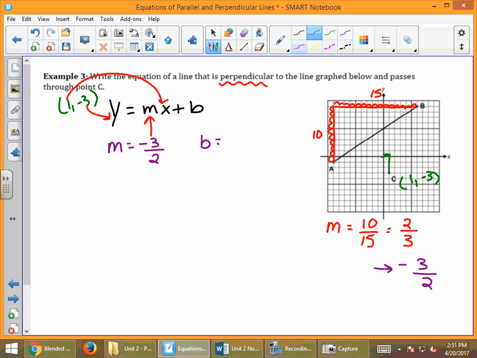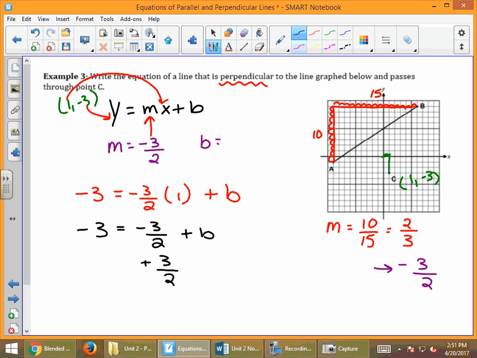So we will get negative 3 is equal to negative 3 over 2 times 1. And we solve for b. Negative 3 over 2 times 1, which is negative 3 over 2. Then you move over the negative 3 over 2 by doing the opposite, so we're adding it over.